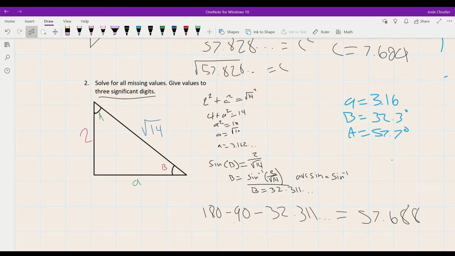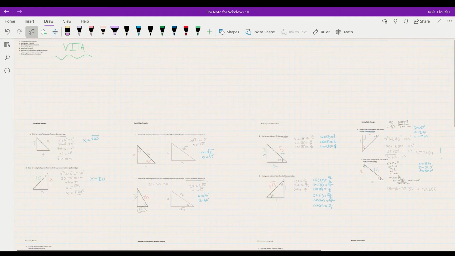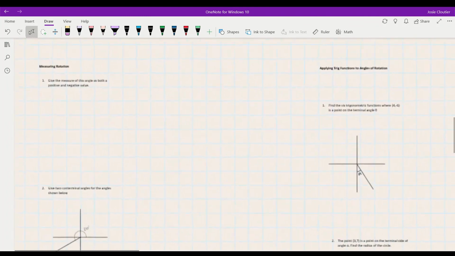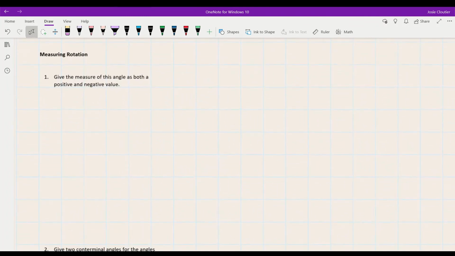Alright, and we've reached the halfway point. So now we are going to move on to measuring rotation. Give the measure of this angle as both a positive and negative value, and of course, conveniently, our angle is not there, so let me quickly draw an angle for us.